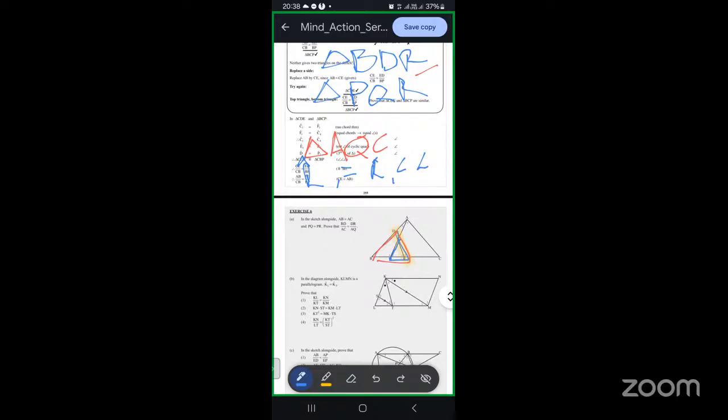Oh, I was saying that line DR, there is D like this, there is R there, then there is P here. So for the red triangle, we have got this side here, and for the blue triangle, we have got this side here. Can you now see that the blue side is not equal to that red side there?